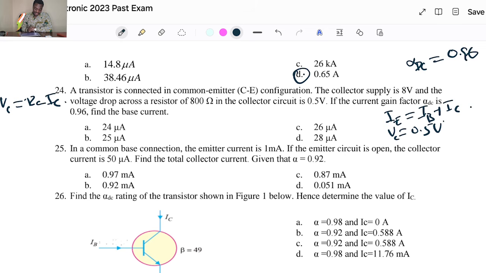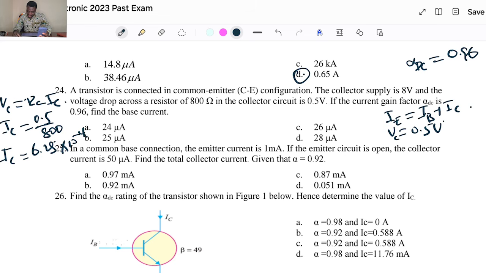So we can make IC the subject, and we get 0.5 divided by 800. That is going to give IC equal to 6.25 times 10 to the power minus 4. All right, so we have this.